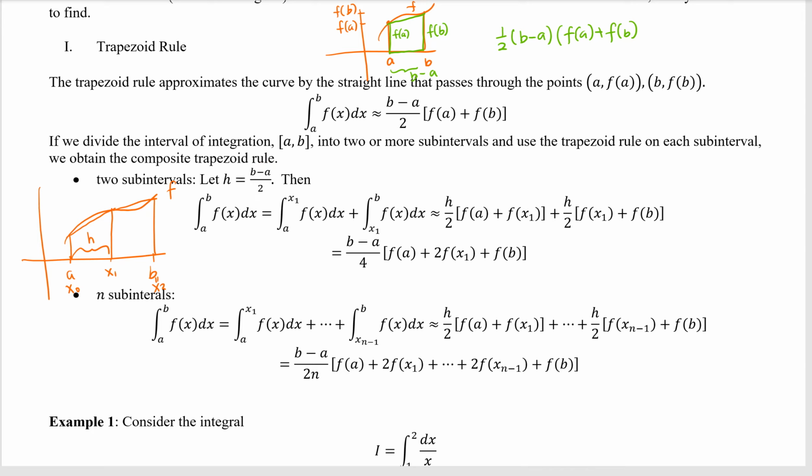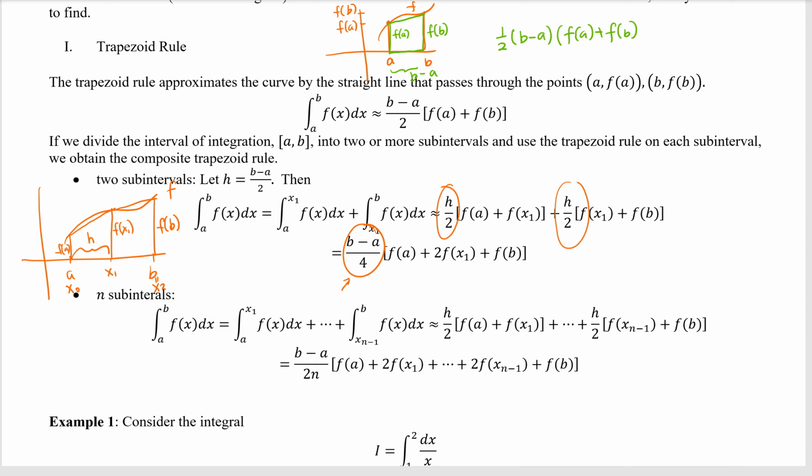Then the first trapezoid is h over 2 times f of a plus f of x1. The second trapezoid is h over 2 times f of x1 plus f of b. Now you can see both of them have the factor h over 2.